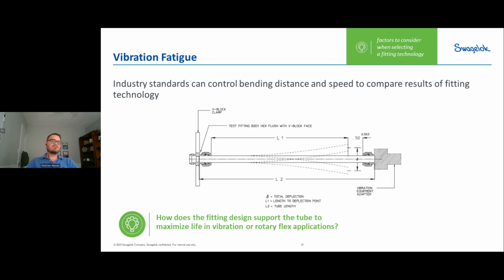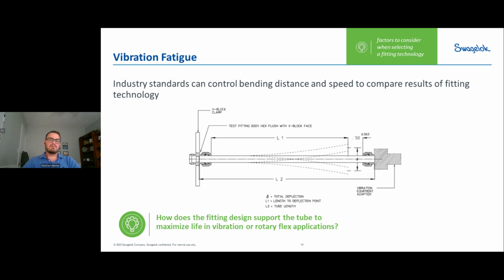So what this comes down to is there are industry standards that fittings can be tested to. That controls the bending distance and the speed so that different fitting technologies can be compared against each other. What we're showing on the screen here is actually a fitting that's being tested. The test sample is there on the left side of the screen, and the right side is the vibration mechanism that's moving up and down to create that flexure in the fitting.